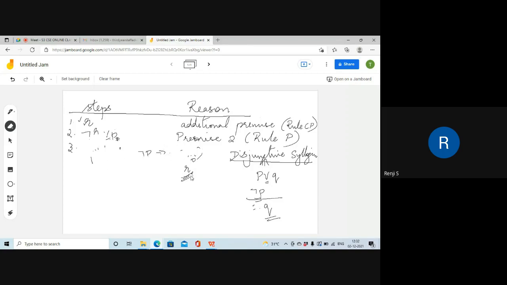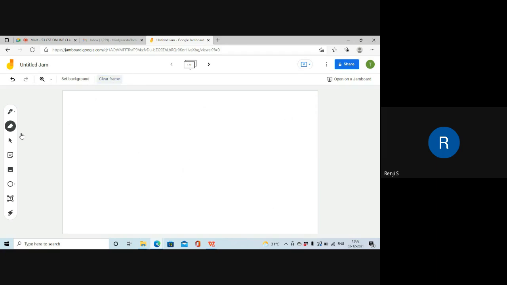Is it clear? So step 1 was R, in step 2 you took not R or P, and the third step, from step 1 and 2, applying disjunctive syllogism, you got P. The reason is 1, 2 and the rule of disjunctive syllogism.